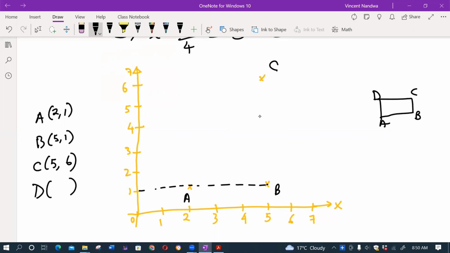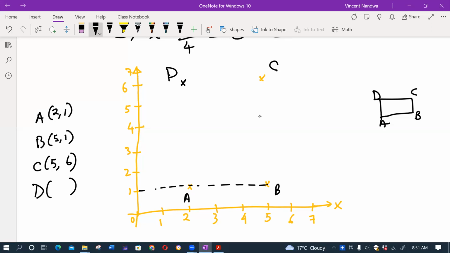The two opposite sides are the same. So if this is A, B, C, then D should be somewhere here, such that the distance from AD to BC is the same, and AB to DC is also the same.